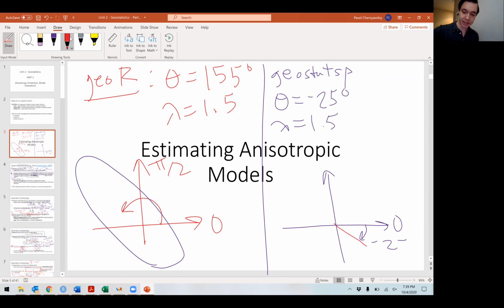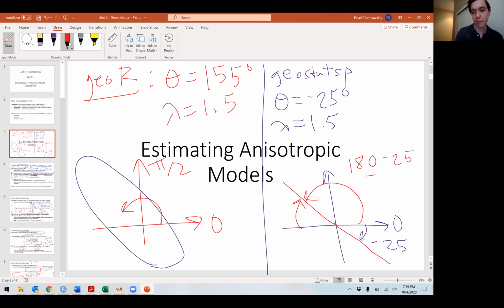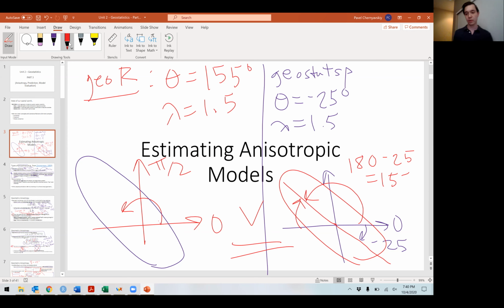You can see that that picks out the same thing. If we rotate by minus 25, that is identical to rotating by 155. So actually the two packages are returning the same result in two different ways.